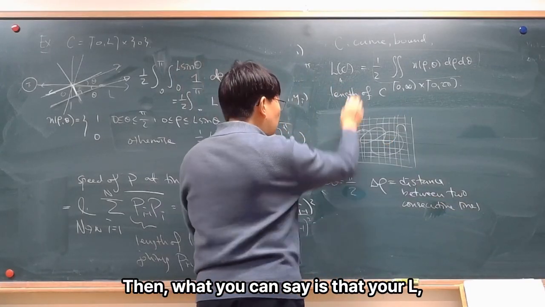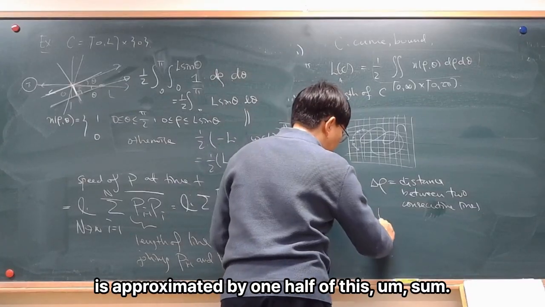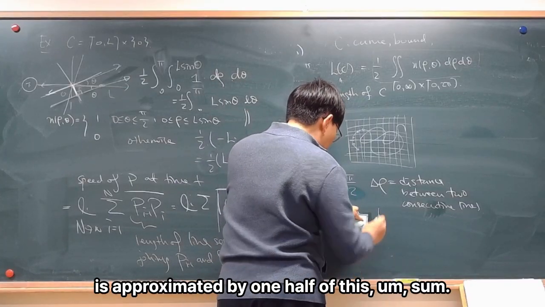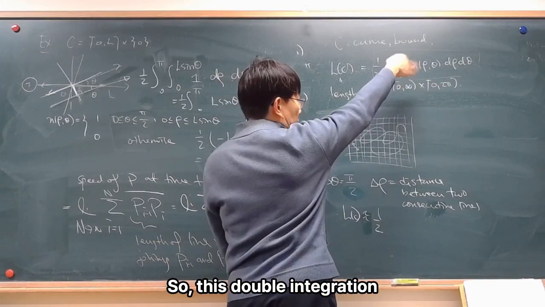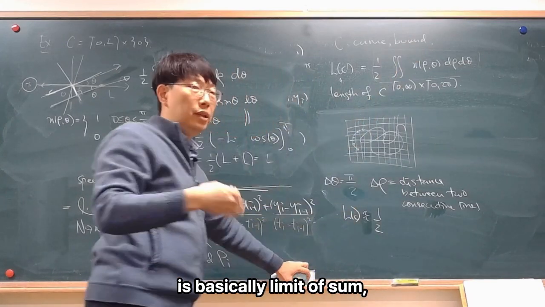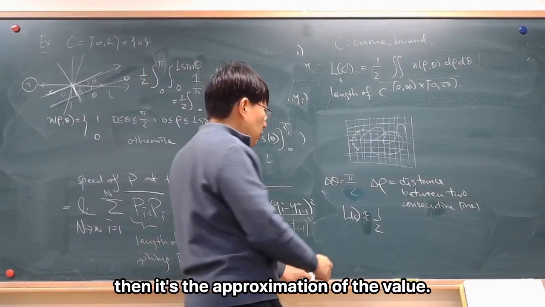Then what you can say is that your L, the length of a curve, is approximated by 1/2 of this sum. This double integration is basically the limit of a sum. So if you take the limit out, then it's the approximation of the value.